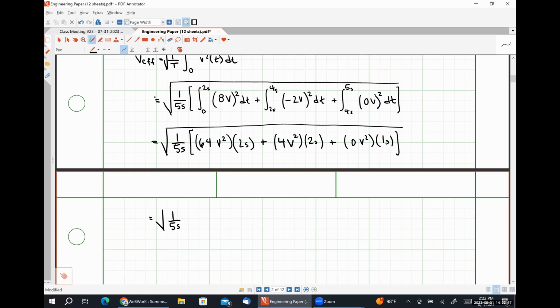I get 136 volts squared seconds. This second cancels this second, leaving me with the square root of 136 over 5 volts squared.